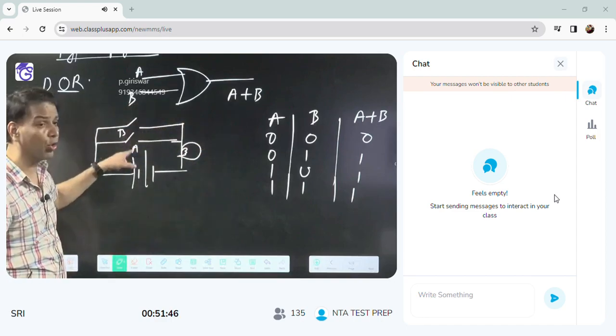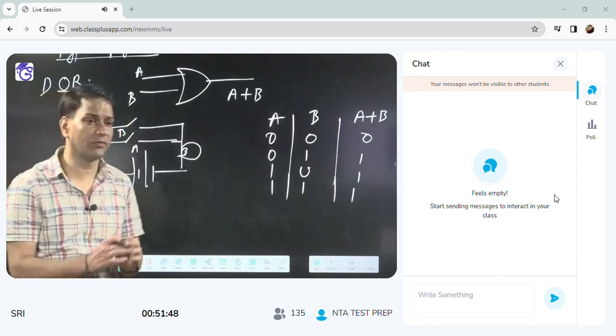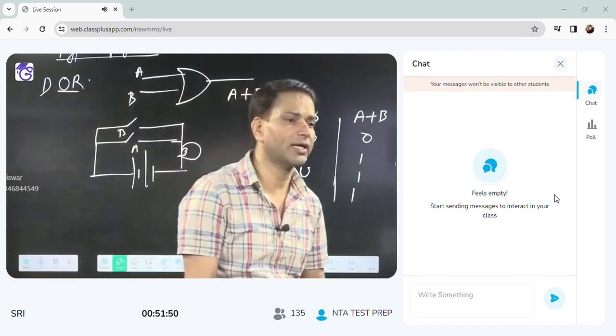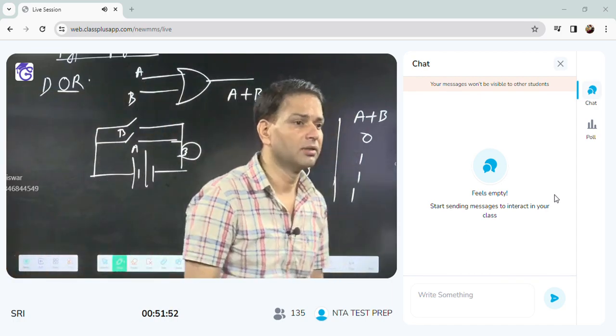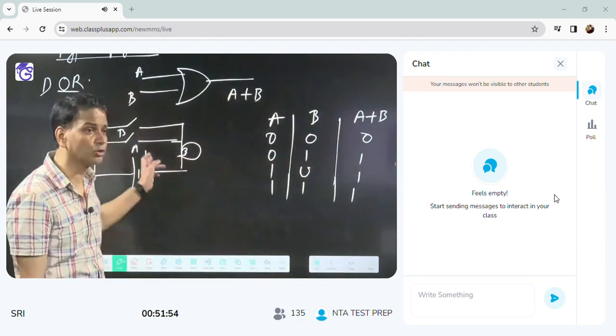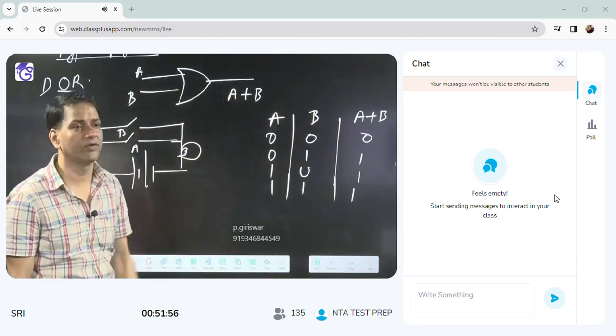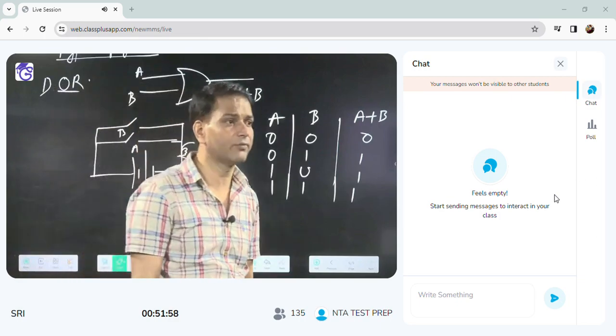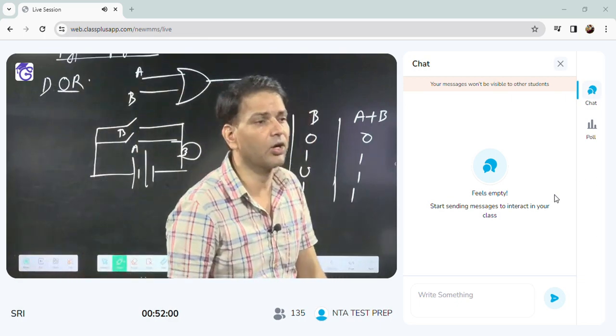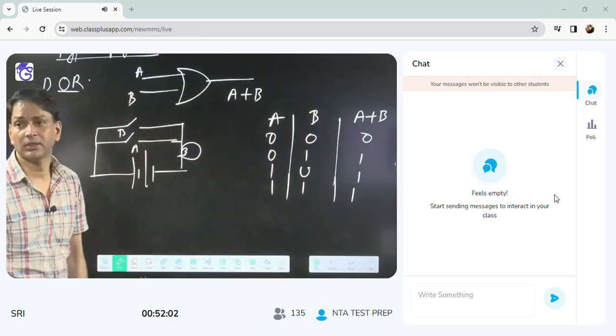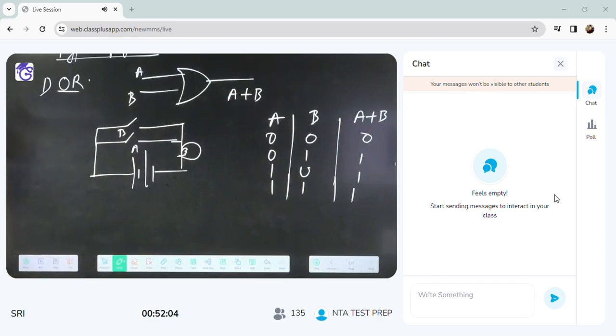When both are open, the circuit is open, and when the circuit is open, current will not reach the bulb. That's why when both switches are open, the bulb will not glow. So that is the circuit diagram for the OR gate. Did everybody get this or not? Okay.